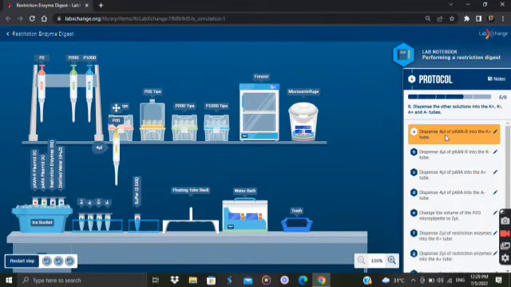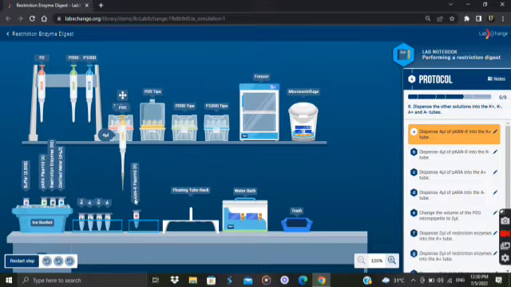Next, dispense 4 microliters of pKanR into the K positive tube. So we are going to put this restriction buffer away and take this buffer out, and attach a pipette tip.